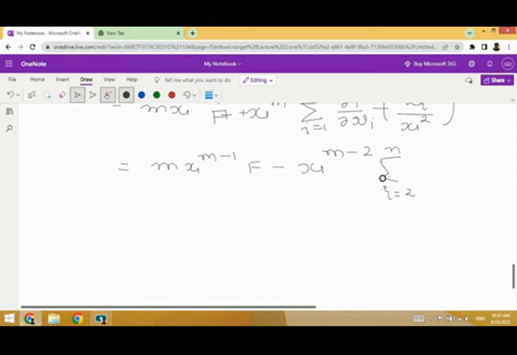I varies from 2 to n, xi del f upon del vi. So it will become x1 raised to m del f upon del vi into del vi upon del xi.